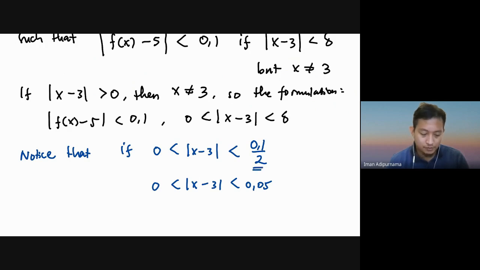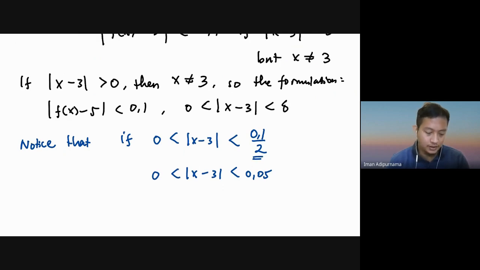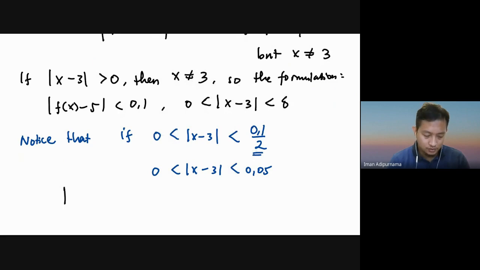So we divide this by 2, and then we can also write and exchange the x minus 3 in terms of 2x minus 1 minus 5.